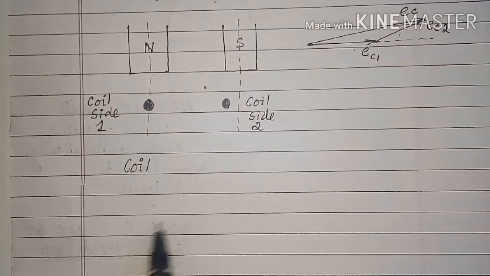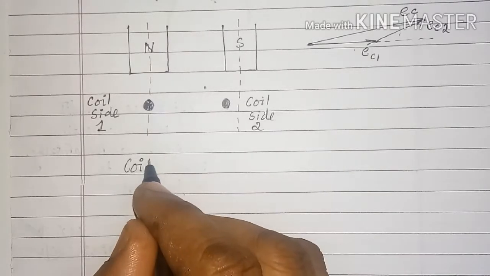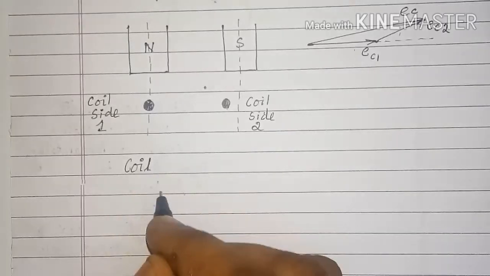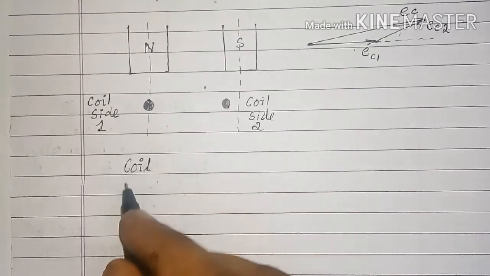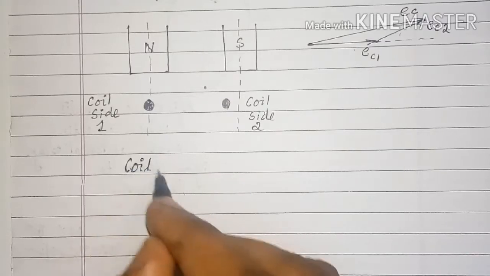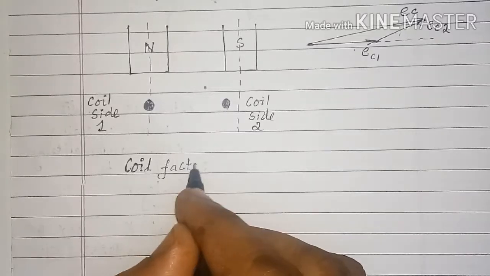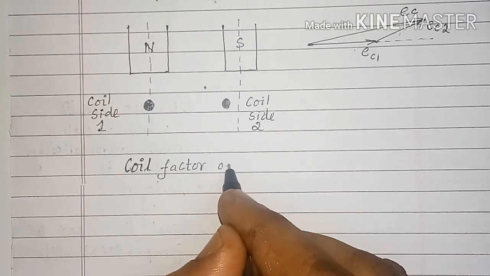Now we will define what is coil factor or pitch factor. Coil factor or pitch factor are denoted by Kc or Kp.